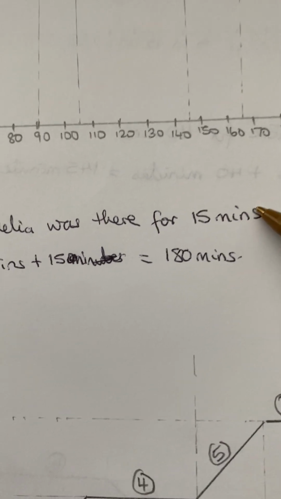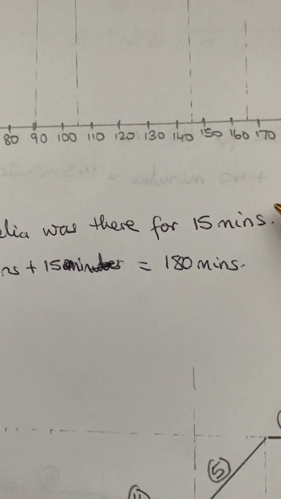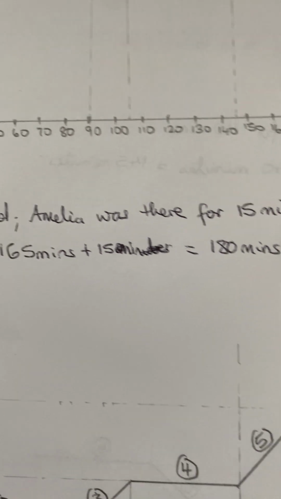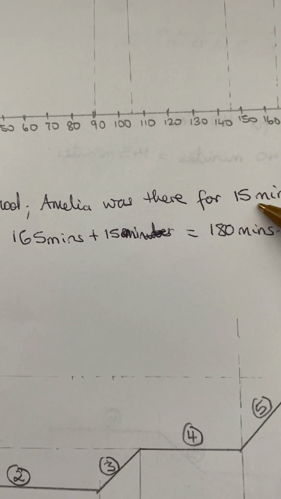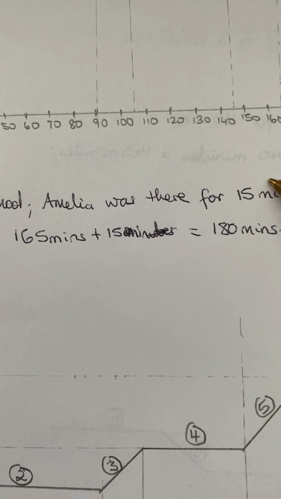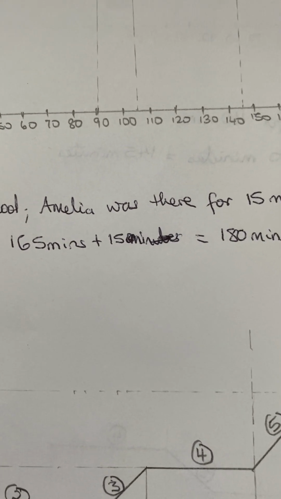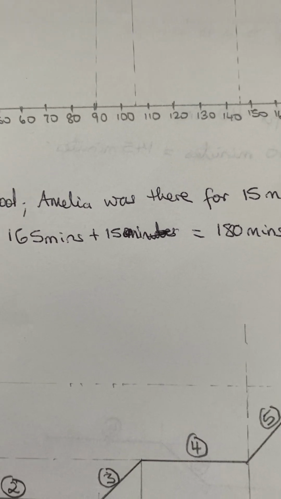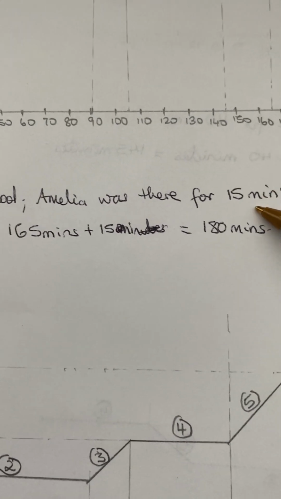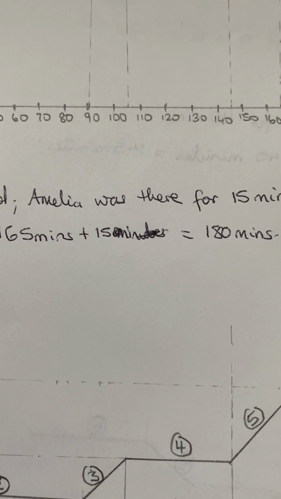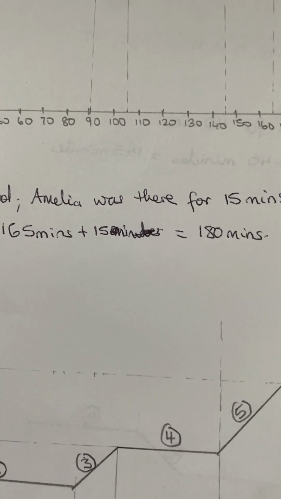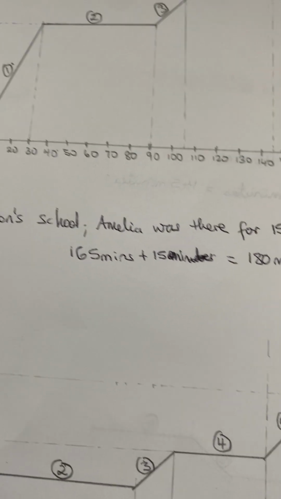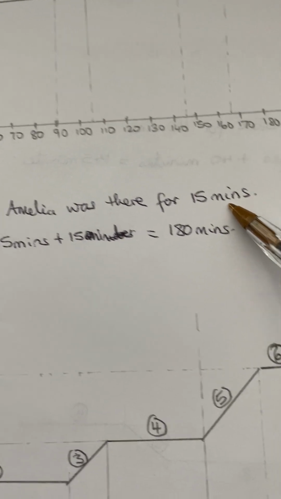Normally, you get there and then you pick your son. Here, they could ask you a question like, when was Amelia at Jason's school? If she left home at maybe 12:30, you have to use this time frame to answer that.